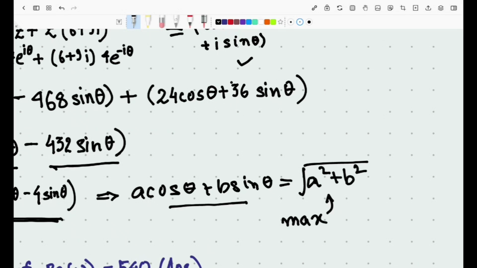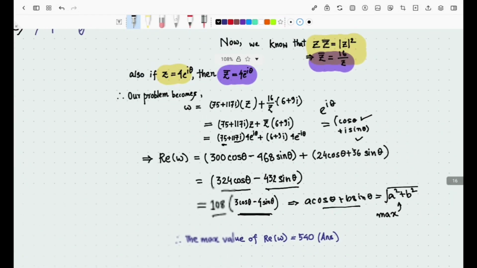This is the maximum value of the following expression. So it is very useful if you know these trigonometric optimizations and trigonometric shortcuts.